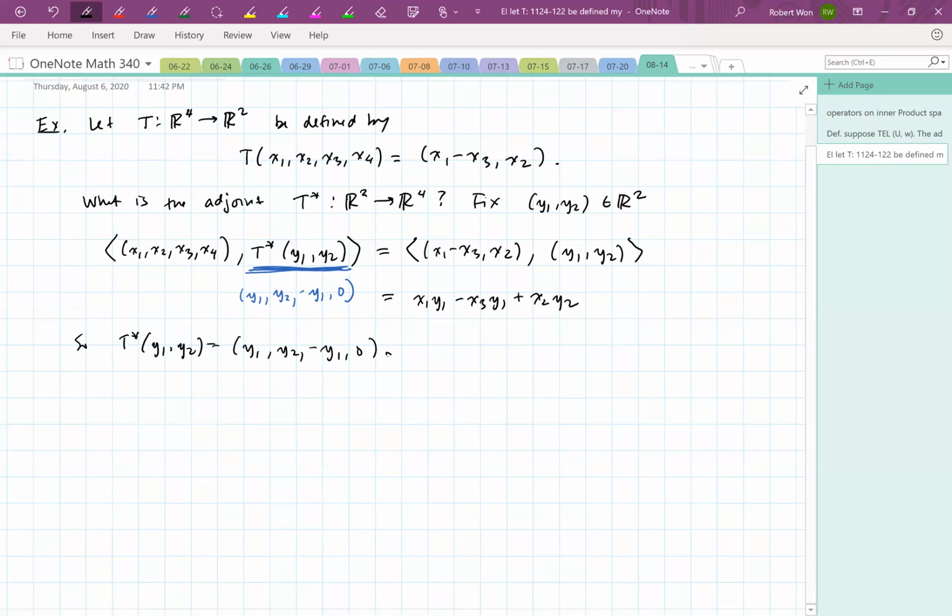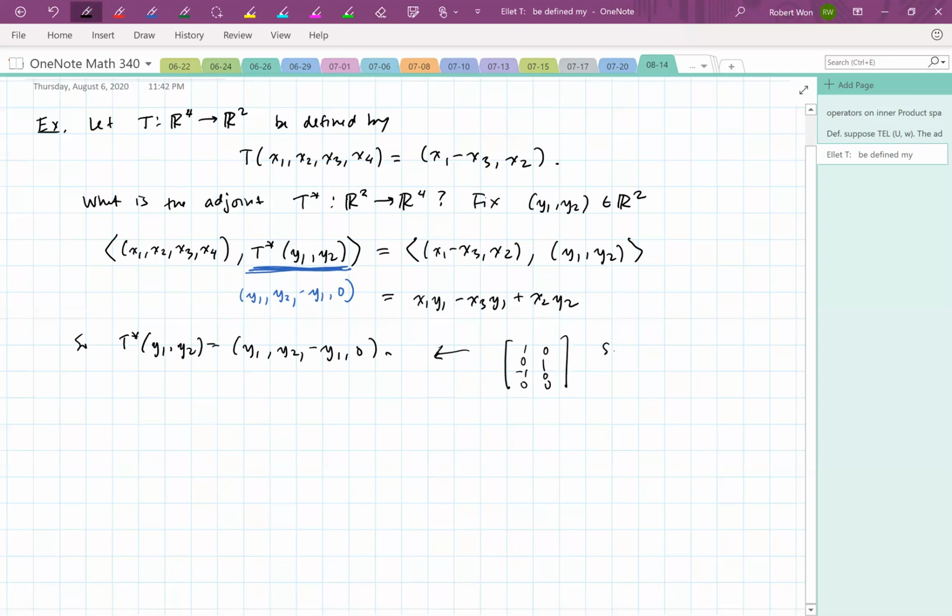Okay, now notice something. This adjoint map is, again, a linear map. If you prefer, you could represent this with a matrix. You just need to know what the two standard basis vectors go to. So it's the map given by multiplication by this matrix.